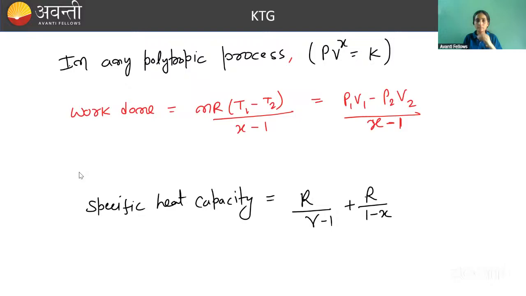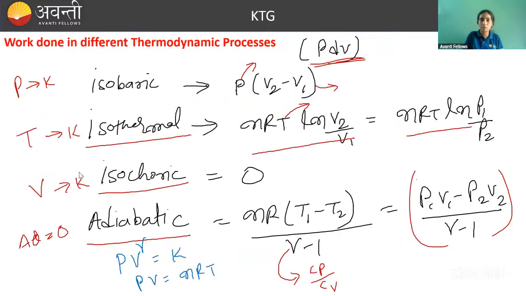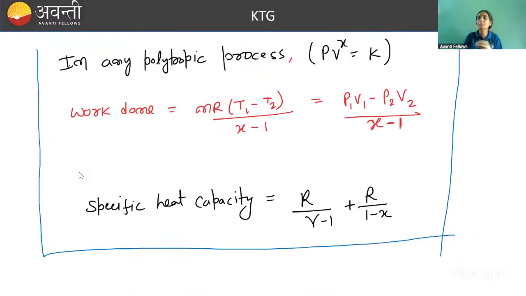ठीक है? चलो, now if the process is something else, बट ये पोर्शन से क्वेश्चन तुम लोगों को काफी कम आता है, नहीं रिसेंट में दिखा नहीं है, but I have just taken here. जैसे एडियाबेटिक में एक्स इज गामा, but if the process is not falling under any of these four categories and the process is something different, जिसको मैं polytropic process बोल रही हूँ.